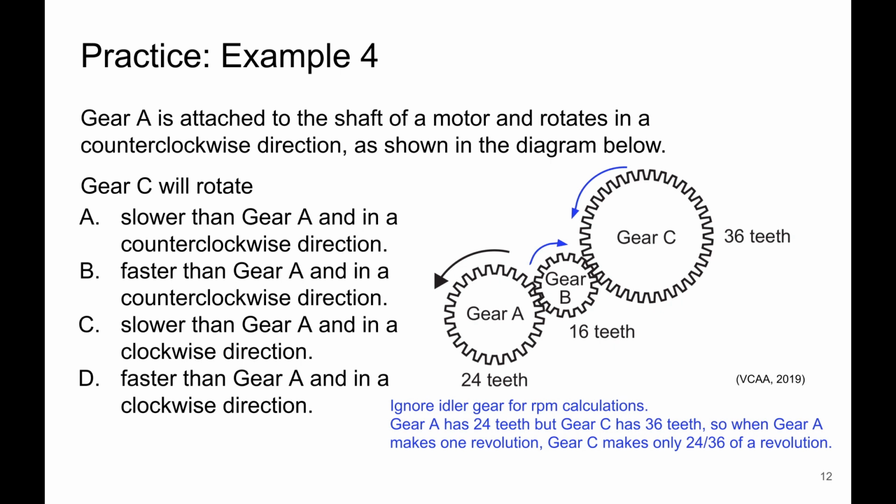In fact, only 24 teeth would have gone by, so 24 divided by 36, or 24/36 of a revolution, which means that gear C is turning slower than gear A. Therefore, gear C rotates slower in a counterclockwise direction, and that's option A.